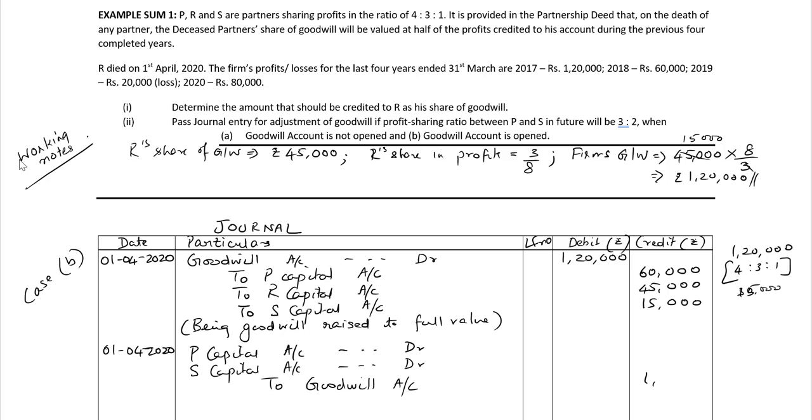Against goodwill account, we'll write the goodwill of the firm, 1,20,000 rupees, and write this off in the NPSR between P and S, which is given as 3:2. Against P, we have 72,000 rupees, and against S capital account, we have 48,000 rupees. Narration: being goodwill written off.